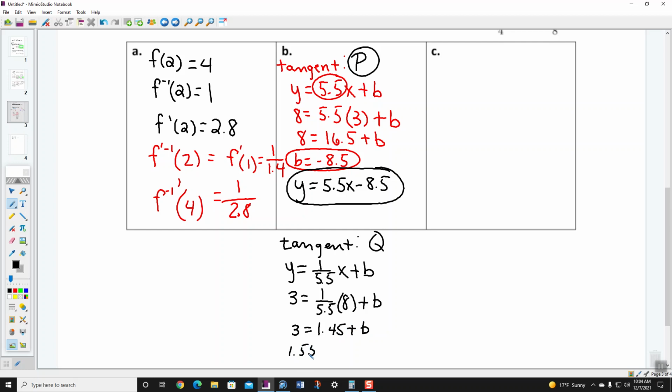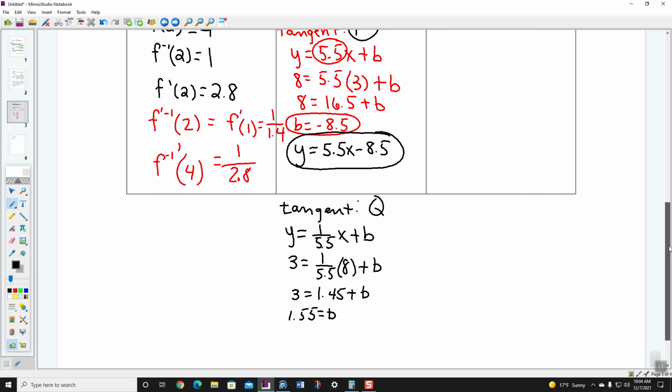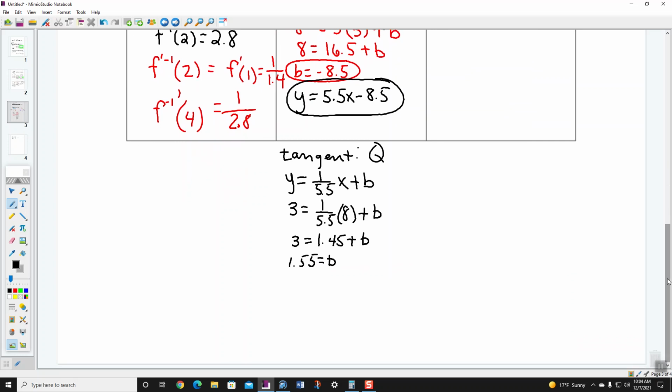Is that true? So what's our final equation on Q, kids? y equals 1 over 5.5 times x plus 1.55, right? Yeah. Very good.